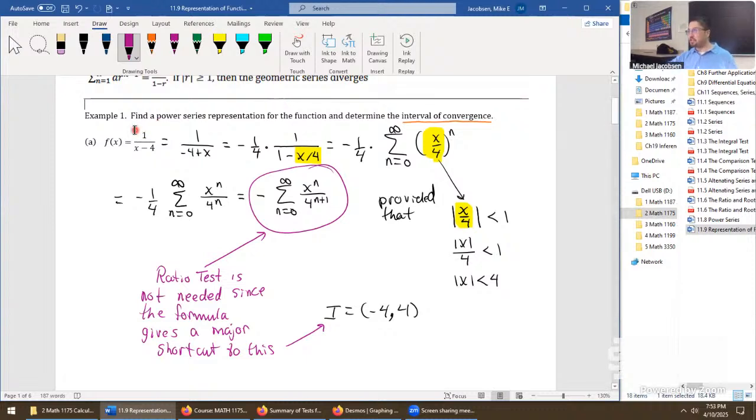Okay, so your function 1 over x minus 4 can be represented this way exactly, but on a limited domain. Notice what's interesting though, the size of this domain is the distance from 0, which is the center of that power series, to the first discontinuity of the function. That's not a coincidence.